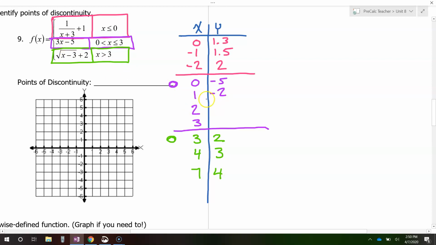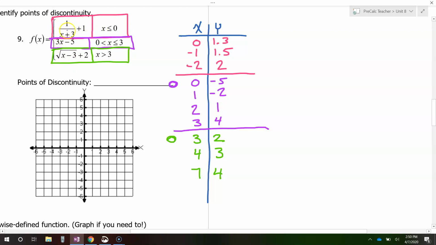Minus 5 is 1. And 3 times 3 is 9. Minus 5 is 4. All right, it's time to start doing the graph. Let's go back and start with the rational function here shown in red.